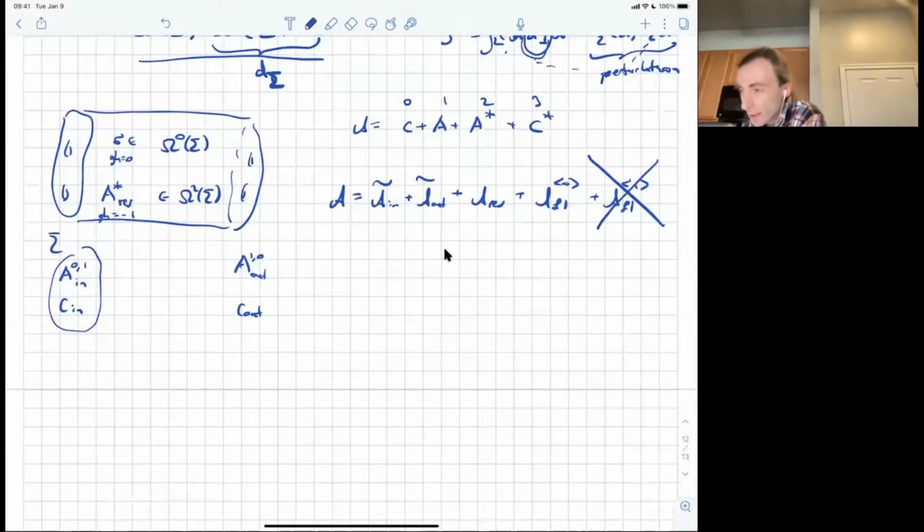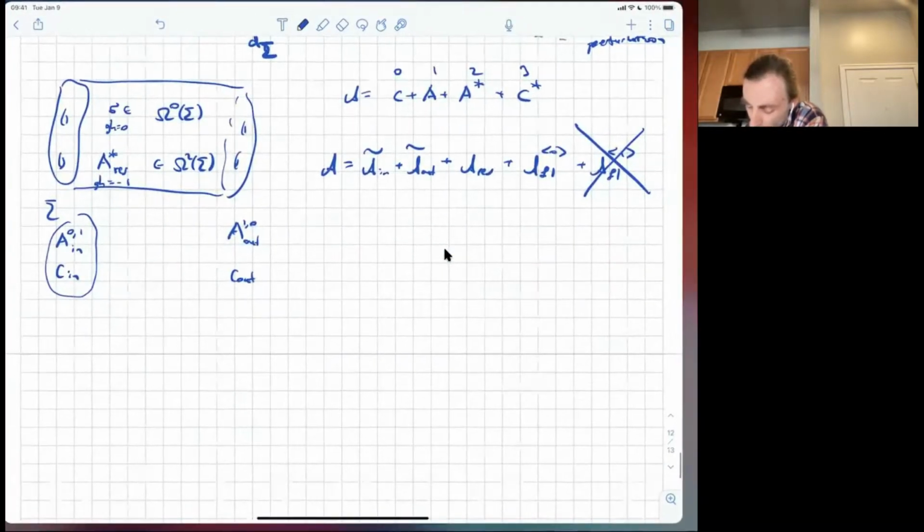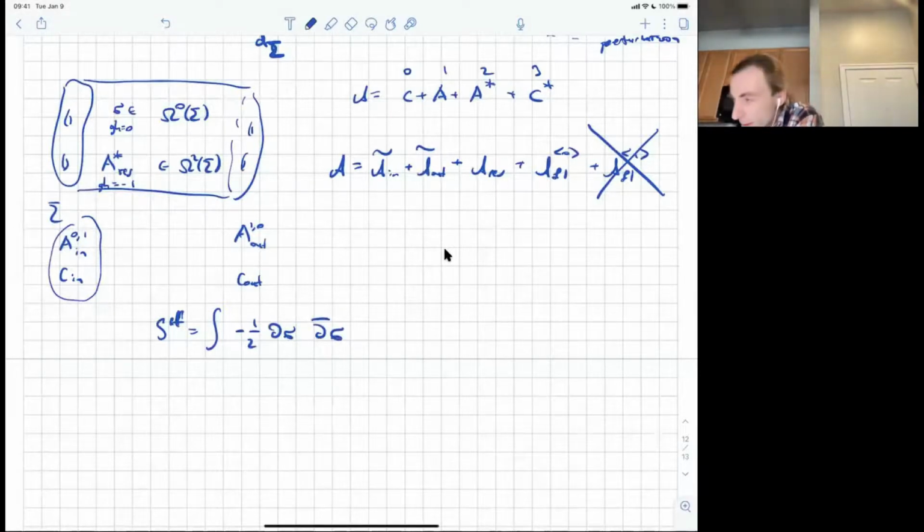Now, then you play again the game that I explained. Here the game is made more interesting, mainly by the presence of this differential in the target. And you will obtain the effective action. So let me write it down. Let me start with the term that I think is most interesting: del sigma, del bar sigma.